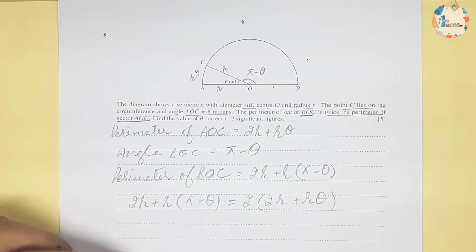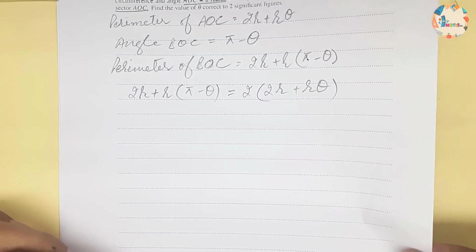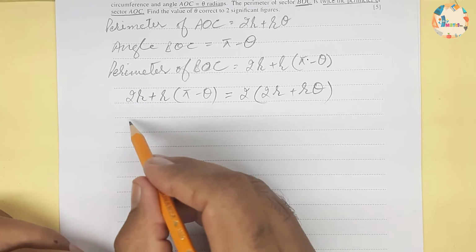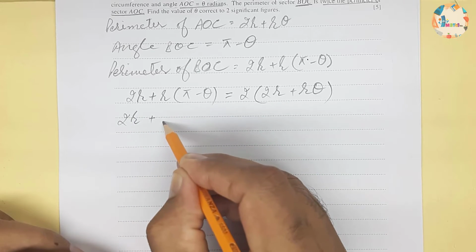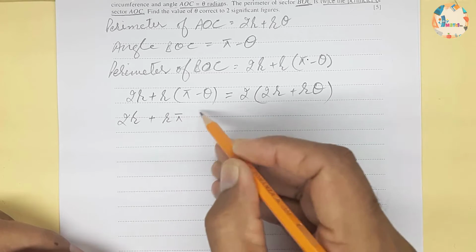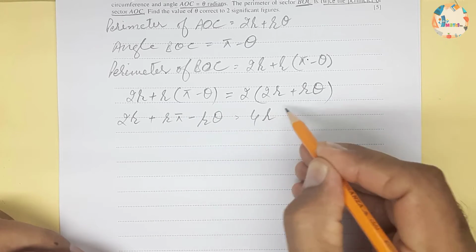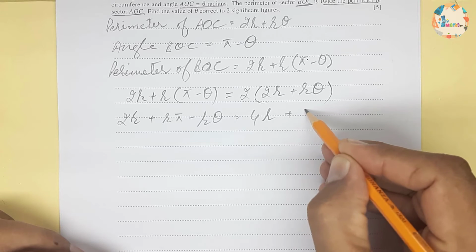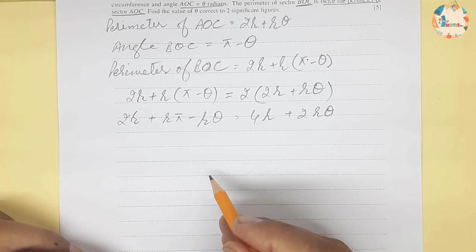We got the equation. Now the rest is just simplification. We'll open this one: 2r plus pi r minus r theta is equal to 4r plus 2r theta.